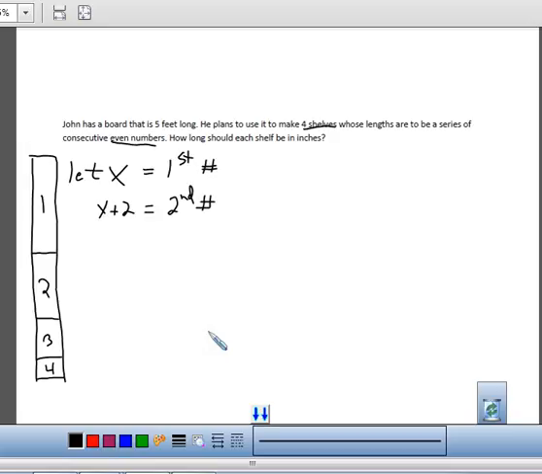Here's what I will tell you. You are going to have to convert 5 feet to inches. So convert that. I am not going to give you the answer this time. I'm going to let you tell me the answer when you finish it and share it in class.